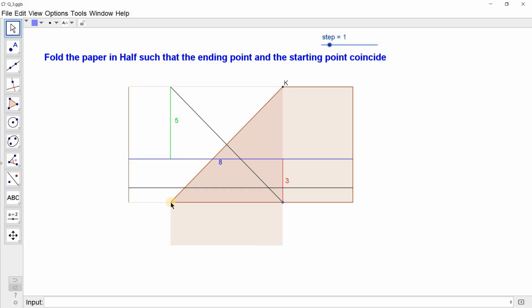Then it will leave a crease in this paper. Then we will again unfold this paper like this. So this will leave a crease like this and a point of intersection between this line and this crease.